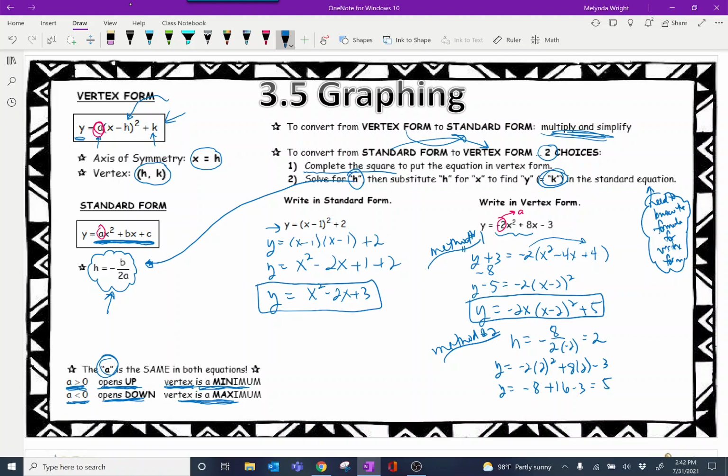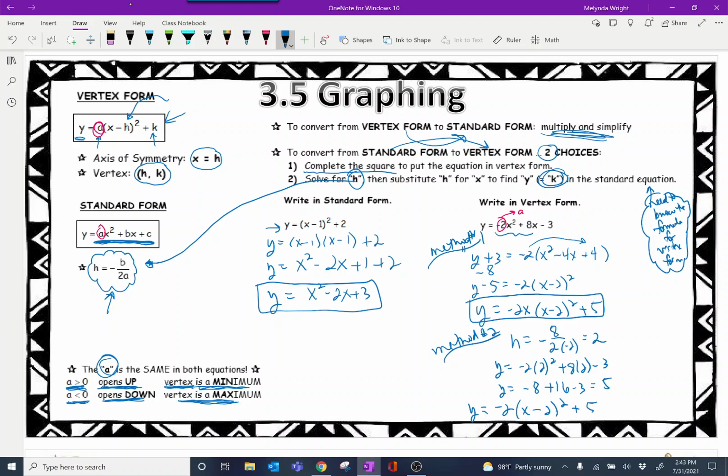Okay, so now that we know what h and k are, we're just going to plug into our formula. So y equals a, which we read right out of the equation, negative 2, times x minus h, which was 2, and then plus k, which is plus 5.